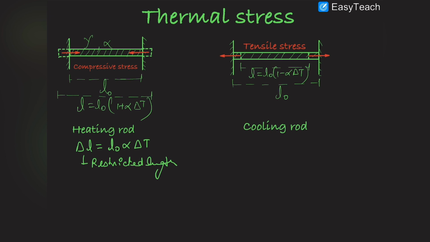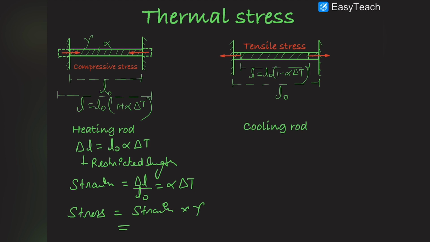So we can also assume that this wall has applied some force on the rod, and due to this compressive stress, the rod is compressed by a distance of delta L. So strain developed in the rod will be equal to change in length upon original length L0, which is alpha delta T, and the compressive stress developed in the rod would be strain times Young's modulus. So we can say that compressive stress is equal to alpha gamma delta T.